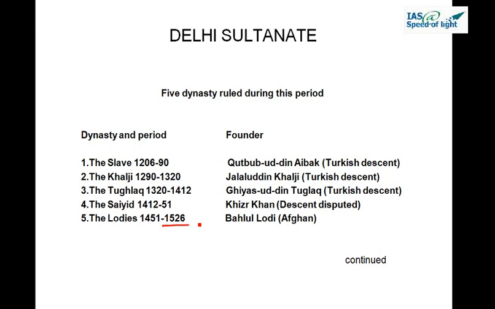Now, during these 300 years, we have to focus on five important dynasties and some important kings of those dynasties. So let us have a look at those dynasties, as you can read on your screen as well.